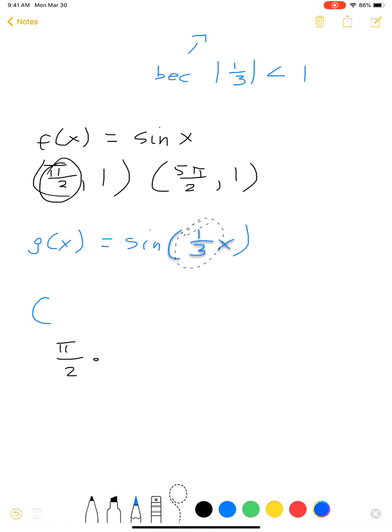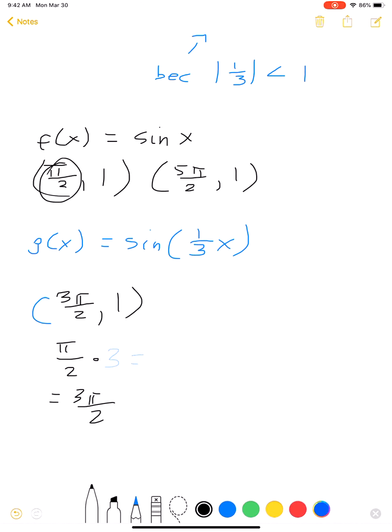So again, why multiply by 3? Because my idea is I want to get here the original function, which is sine of x. So what I need to do to that coefficient to get x by itself, I need to multiply by 3. So we multiply by 3, and we're getting 3 pi over 2. So 3 pi over 2 will be the new x-coordinate, y-coordinate will stay the same. And the same thing with the second point. Originally you have 5 pi over 2.